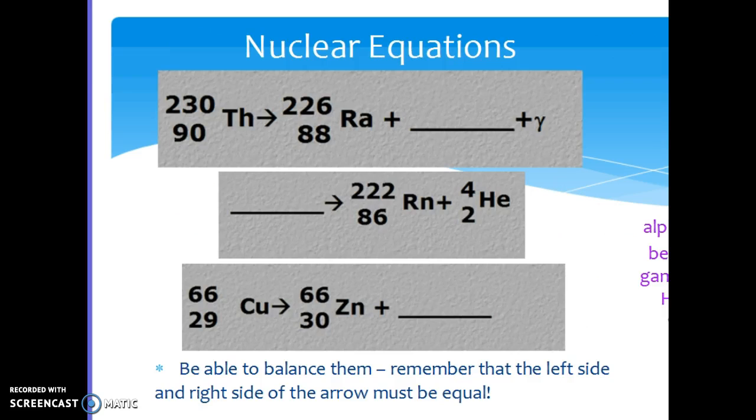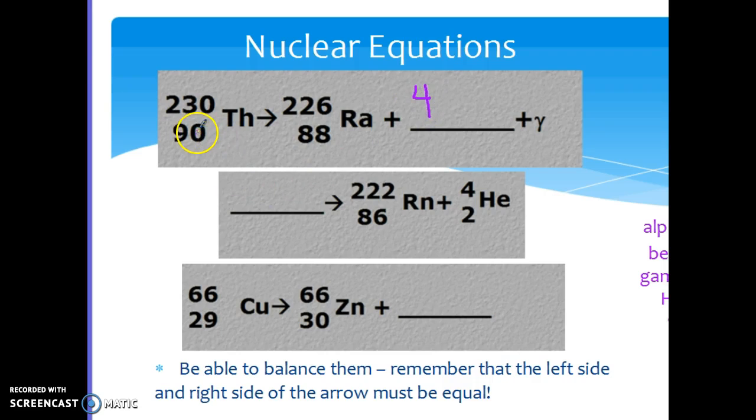Another skill that you guys might have to do is fill in a nuclear equation. So these actually look complicated, but they're pretty simple. If you were given an element on this side, so this is thorium, and see how it's decaying to radium, all you really need to do is subtract. So 230 minus 226 is 4.